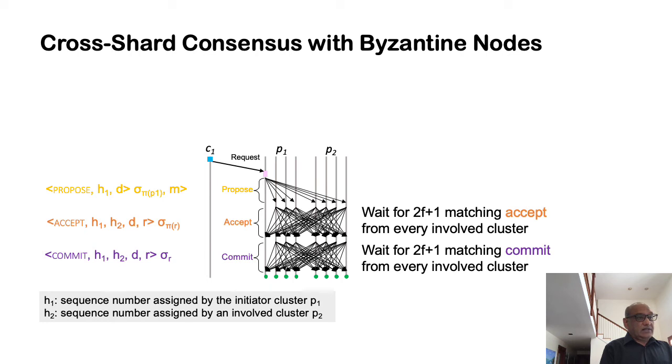So if there is another transaction executing on a set of disjoint shards, the execution can be done concurrently. That is good, because you don't have a global bottleneck, meaning that distributed transactions don't have to be synchronized in a centralized manner. So that's the good side.